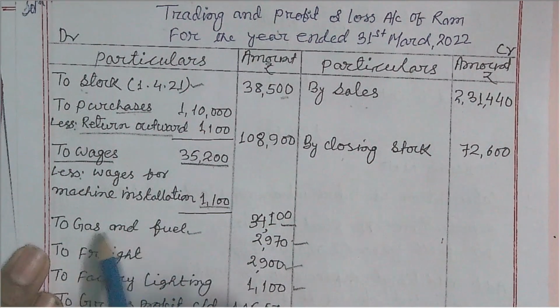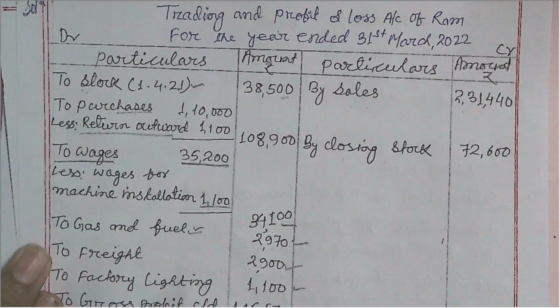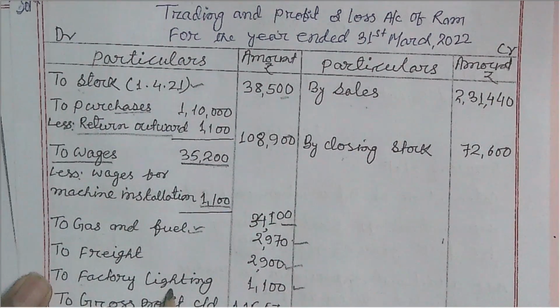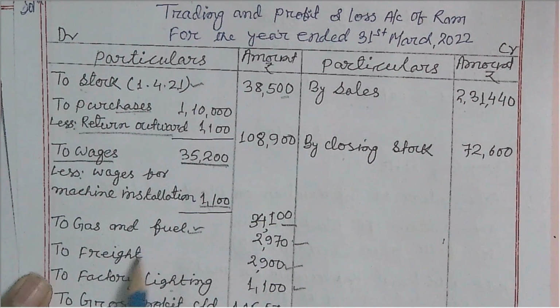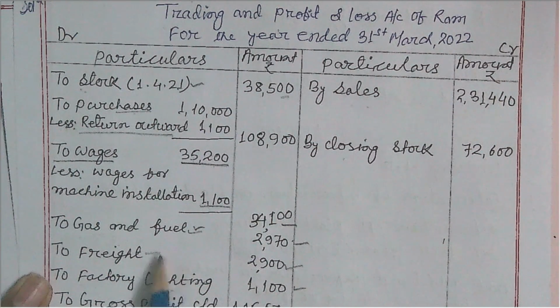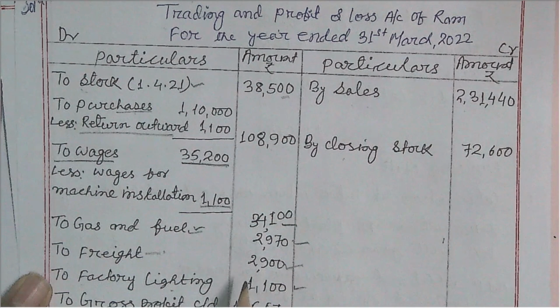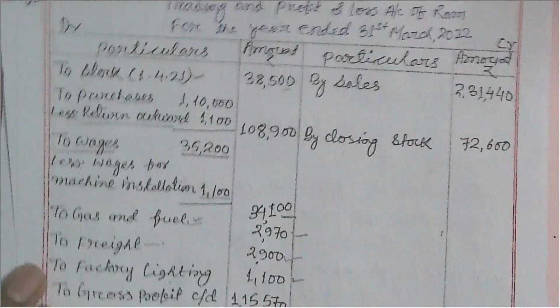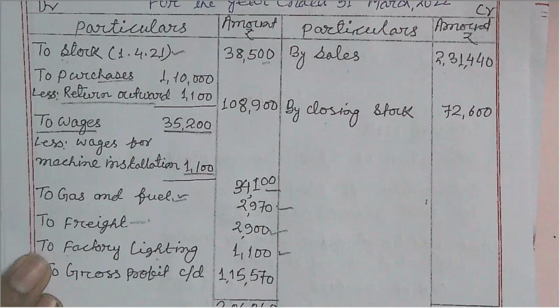Wages, gas and fuel, these are the factory expenses, direct expenses, and factory lighting, direct expenses. Freight paid to bring the goods to the business place, 2900, is a direct expense, and all direct expenses we record in the trading account.